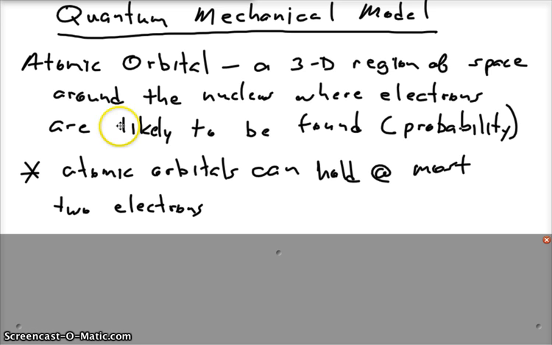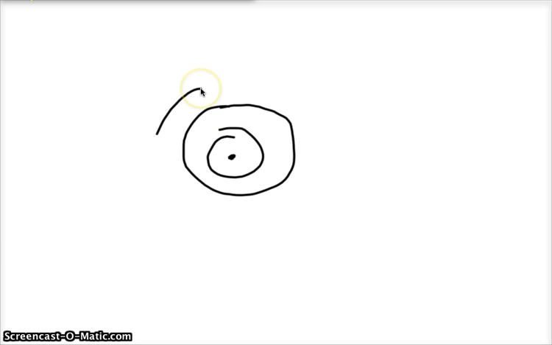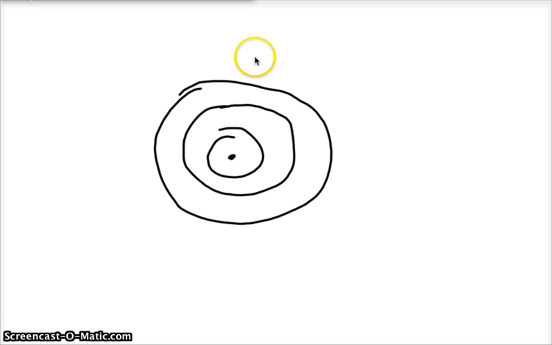I want to tie this a little bit to what you learned in some of the younger grades. In younger grades, you probably had a problem like this: here's a nucleus, and here are the energy levels around an atom. If you have an atom that's got 11 electrons, where would you put those electrons?